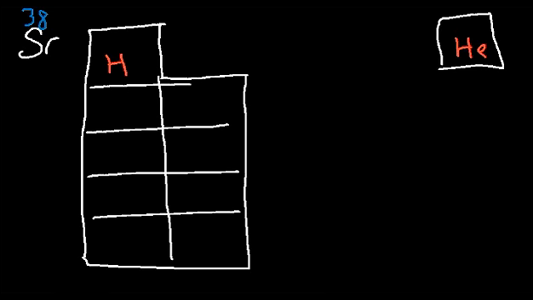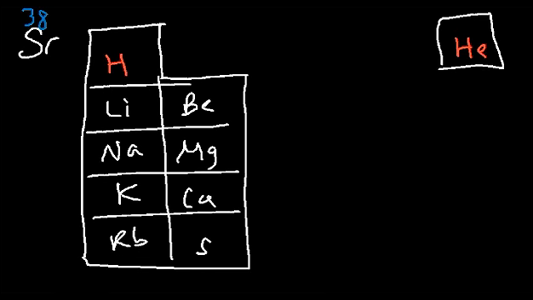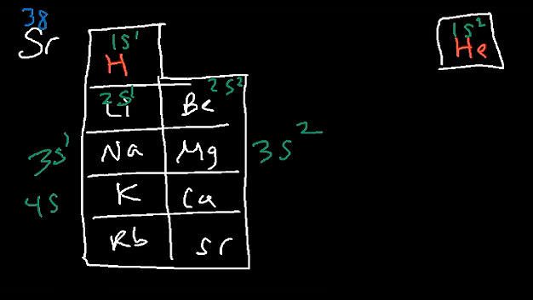Below hydrogen, you have lithium, sodium, potassium, rubidium, and to the right you have beryllium, magnesium, calcium, and strontium. Hydrogen represents 1s1, helium is 1s2, lithium is 2s1, 2s2, this is 3s1, 3s2, 4s1, 4s2, 5s1, 5s2.